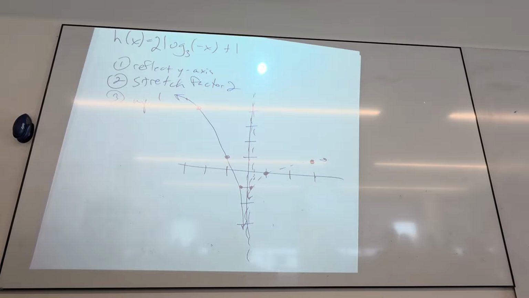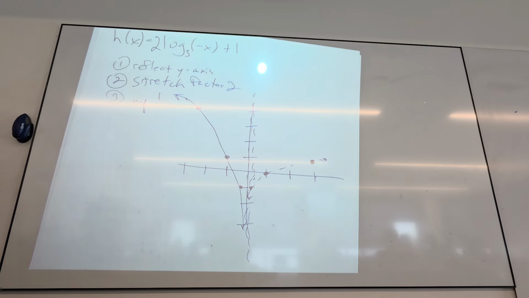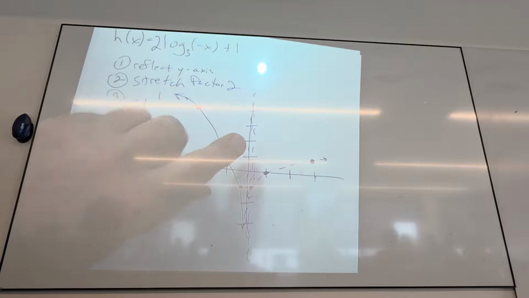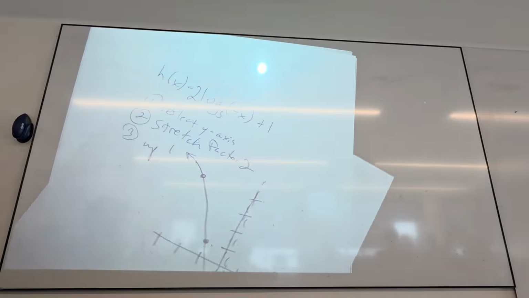And since we already know the shape, I only need 3 points. So once I move the 3 points, then I just put the shape back on. Right? Okay. So is everybody cool with that? If I would have put the negative on the outside, it would have just went like that instead, right? It would be like, whee. Yes? Okay. All right. So the main thing I want to talk about today.